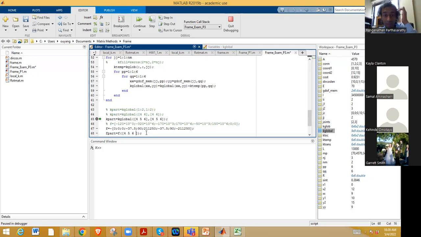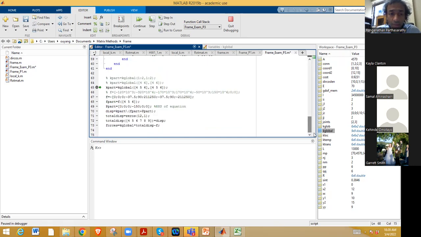Now that is F partition here, and our P partition is 160, 0, 0. And total displacement, this is only 9. Okay, we will automate this also.